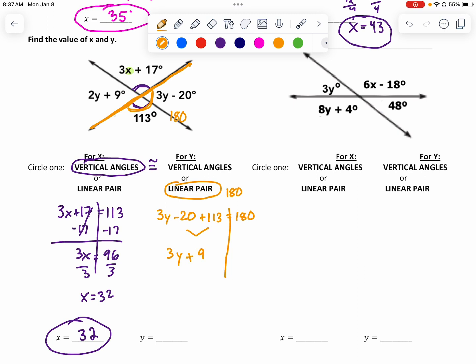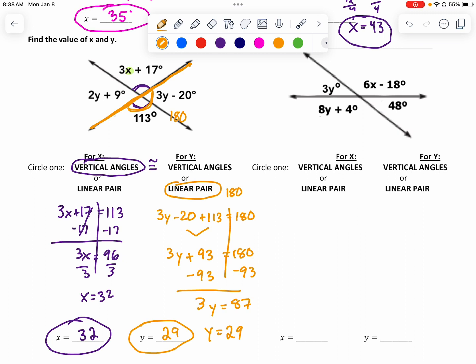So 3y plus 93 equals 180. And then we can subtract the 93. So 3y equals 87. Divide by 3. So y equals 29. And you would have gotten the same answer if you'd solved it a different way.